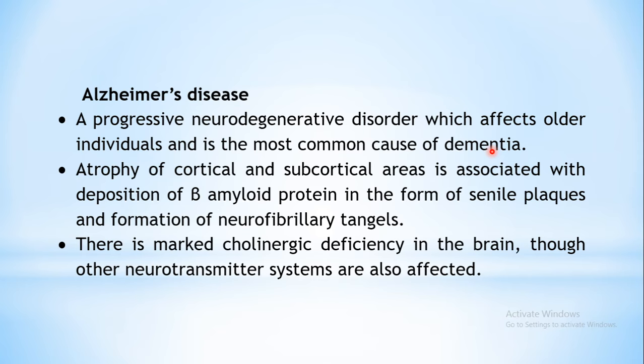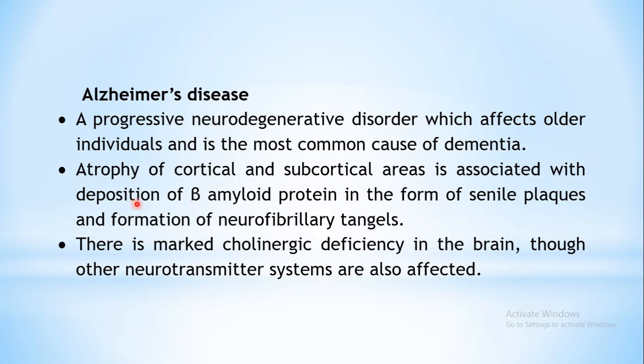So what is the pathophysiology lying over here? Atrophy of the cortical and subcortical areas of the brain takes place. Atrophy means wasting of certain tissues of the body. Because of the damage, the brain tissues in the cortical and subcortical regions are lost slowly. Why is this atrophy taking place?